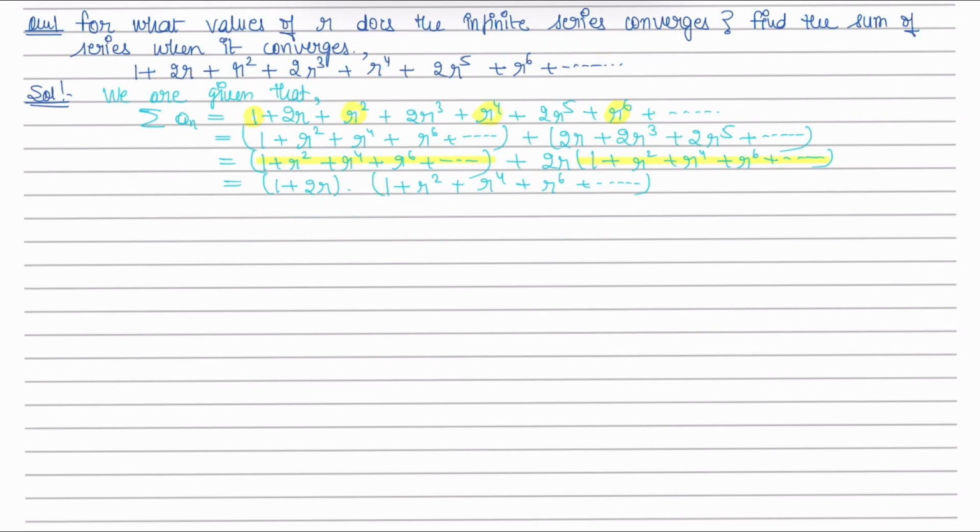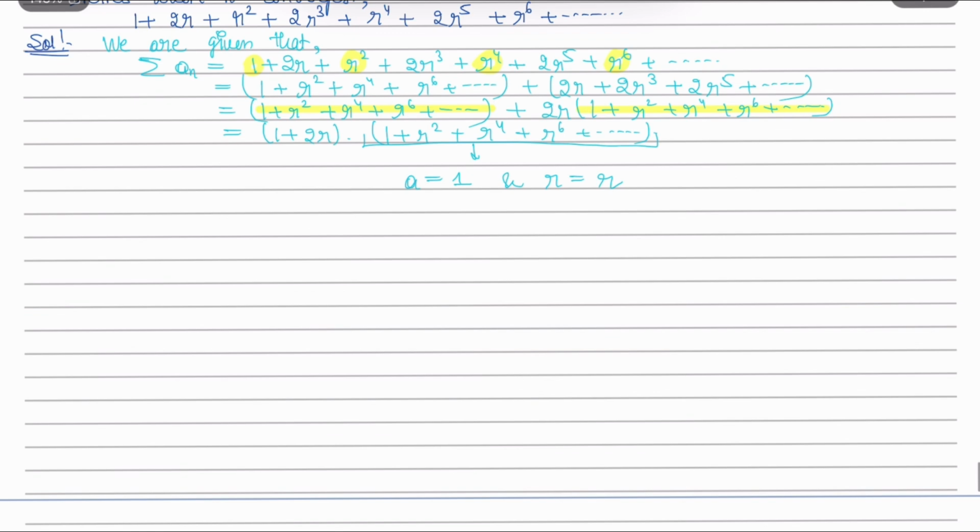Now this is my GP series with value of a as 1 and r is equal to r here. So the sum of the series for these terms is a upon 1 minus r, which becomes 1 upon 1 minus r, and this is true only if mod of r is less than 1.